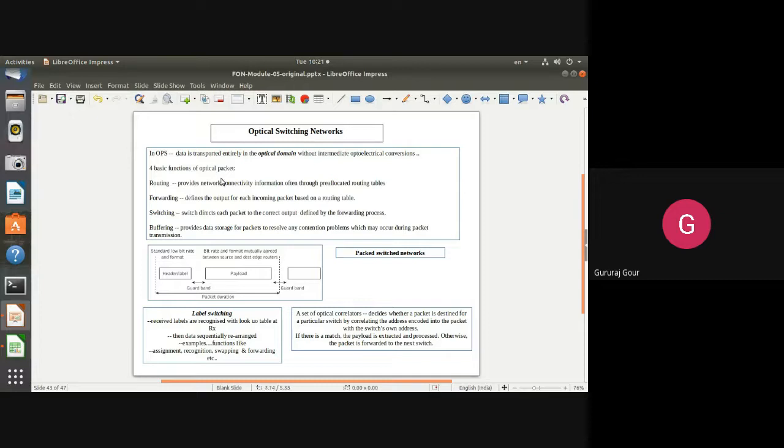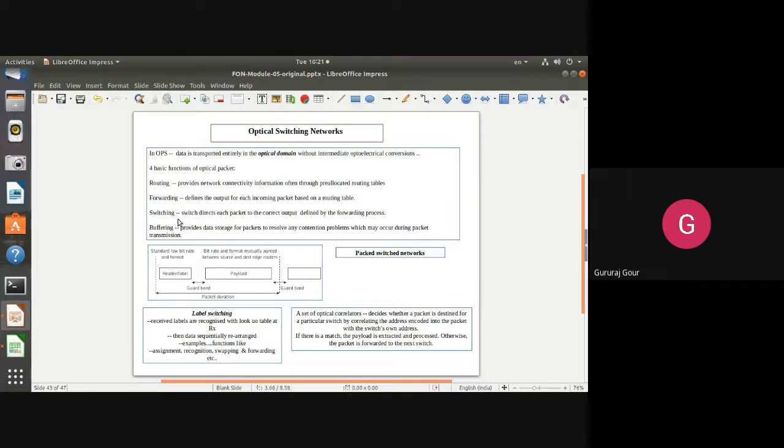There are 4 basic functions. Routing provides the connectivity for the information through the already allocated routing paths, which are referred to by looking into the routing tables. The second is forwarding, which defines the output for each incoming packet depending on the routing table.